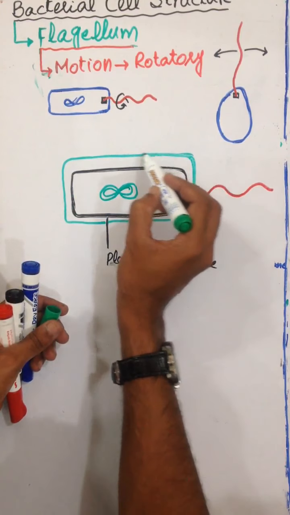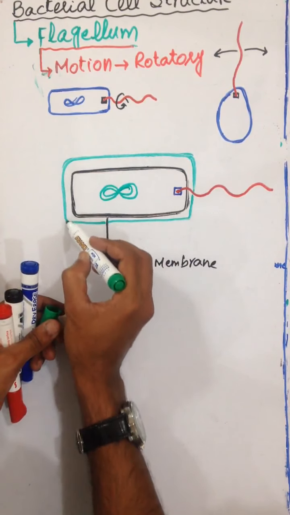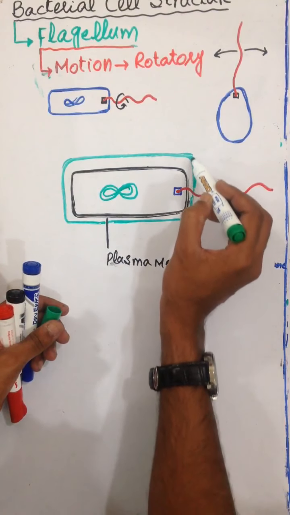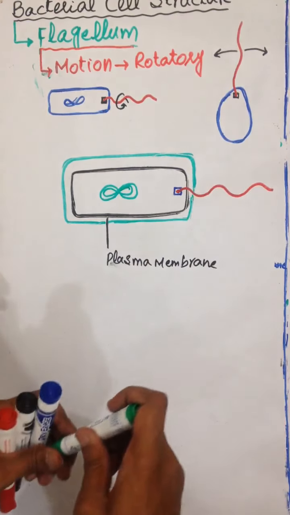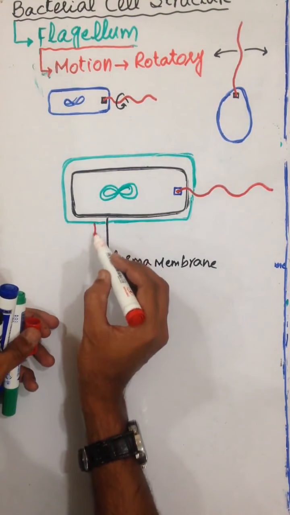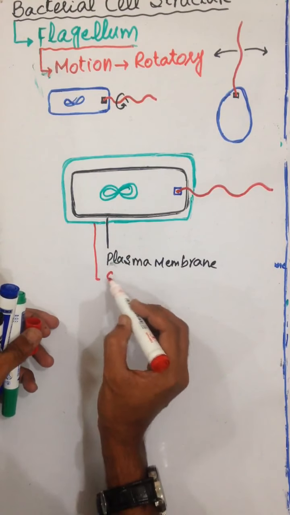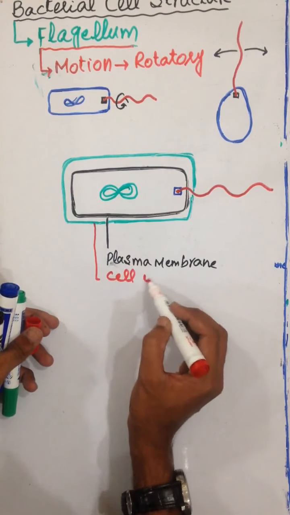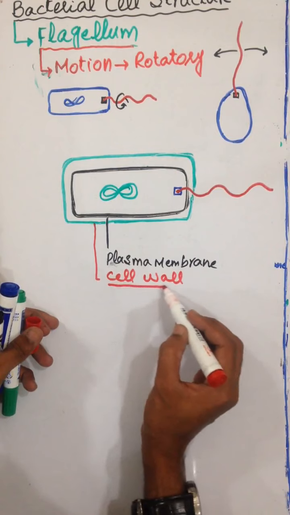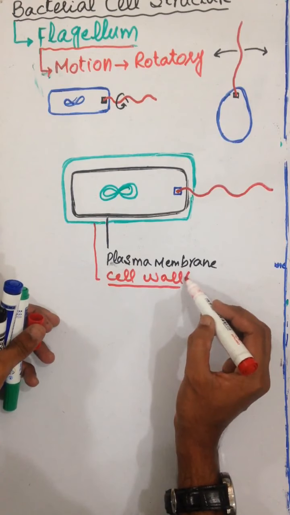Now the bacterium is covered with a semi-rigid covering that is called the cell wall. This is going to be the cell wall of the bacterium, which is composed of peptidoglycan.